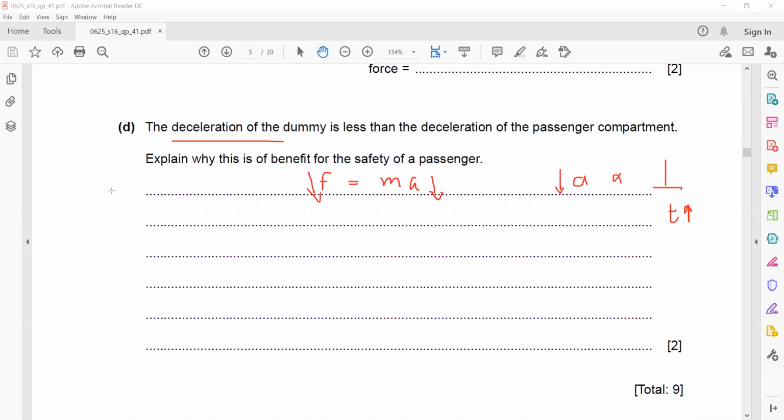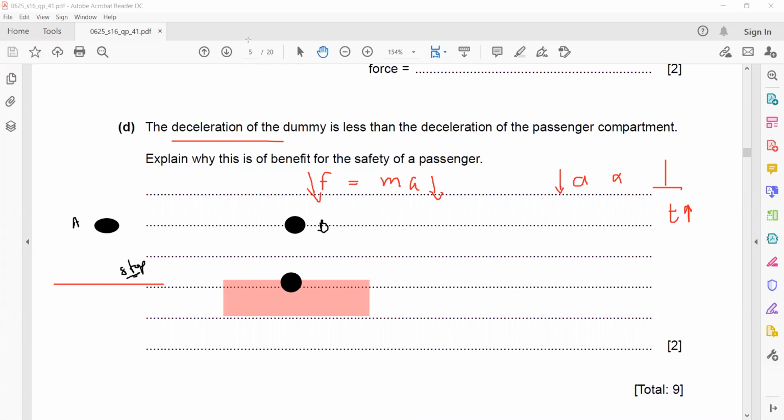And object B, when it hits the mattress, gradually or slowly it will stop. So which object will experience a greater force, A or B? The force experienced by A will be more than the force experienced by B. Same thing happens here: as the acceleration is less, it will take more time, so it will experience less force, so it reduces the chance of injury.